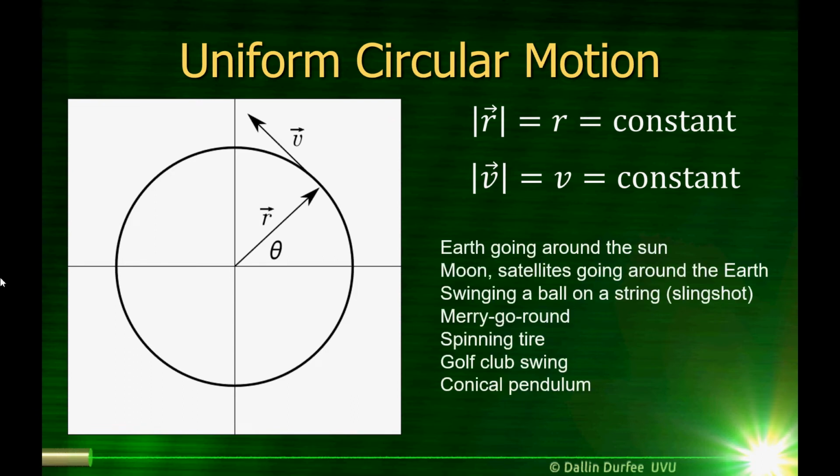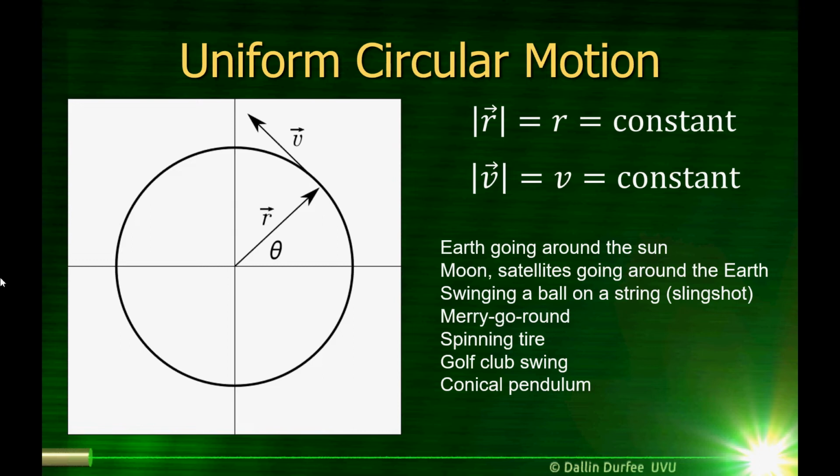Examples of applications of uniform circular motion. If you understand uniform circular motion, you can work with things like the Earth going around the sun, or the moon, or satellites going around the Earth. If you're swinging a ball on a string, like when you use a slingshot, understanding merry-go-rounds, a spinning car tire is a problem we'll work in a minute.